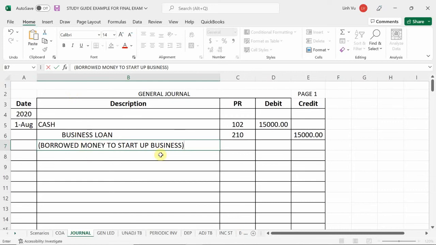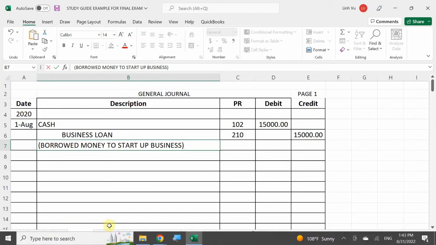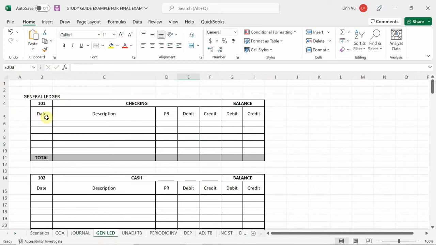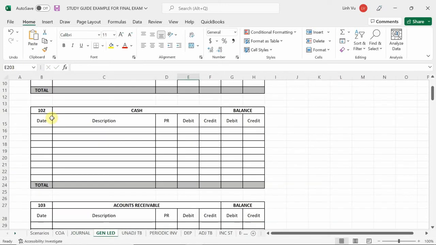Okay, so in this case, what did I teach you? After you journalize, what's the next step? Go to the ledger and update each account that we just journalized. So in this case, here's your cash account. PR, first page.